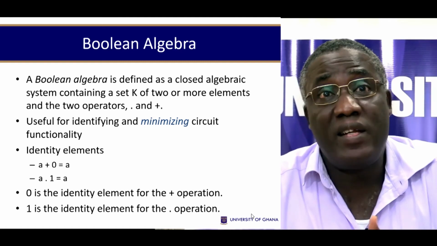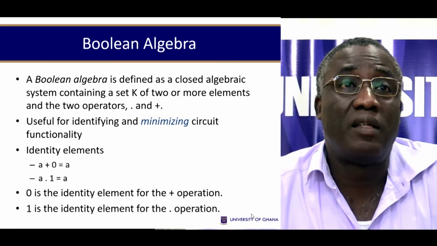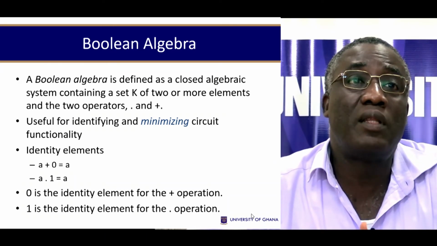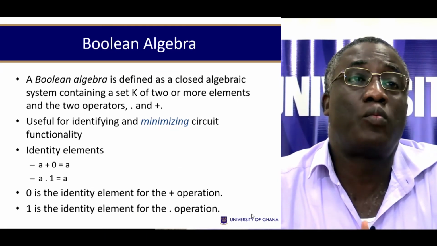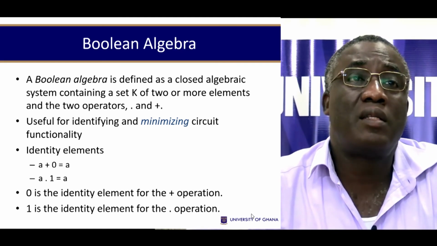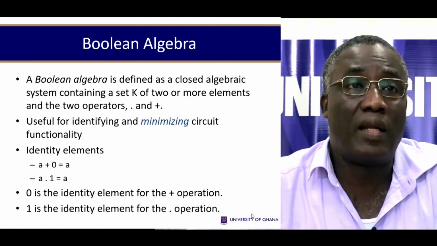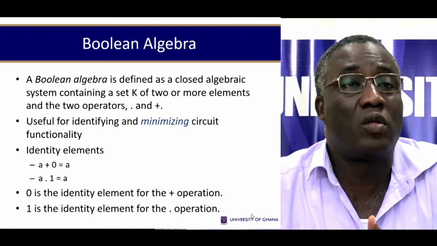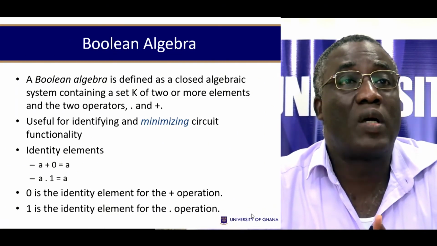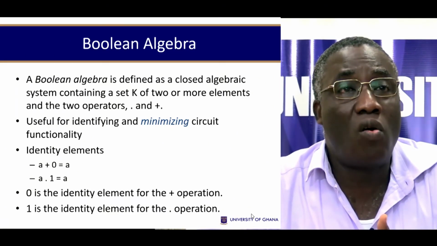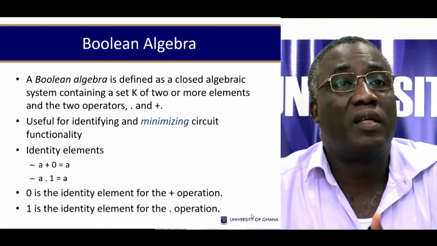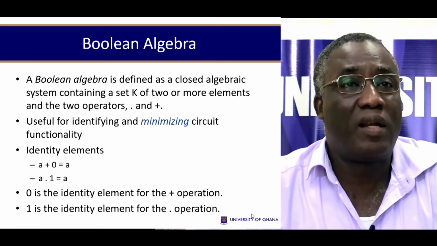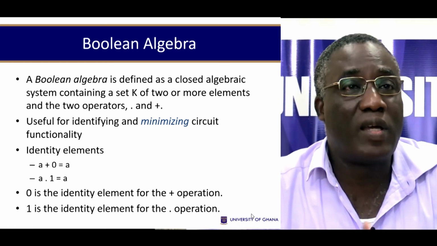It's quite useful for identifying and minimizing circuit functionality, and there are a lot of things that you need to know about it, including the identity elements. So if you have, for example, A and 1 will always give you an A, and A or 0 will give you an A. That is what is called the identity elements. So A or 0 equals A, and A and 1 equals A. You can understand why.